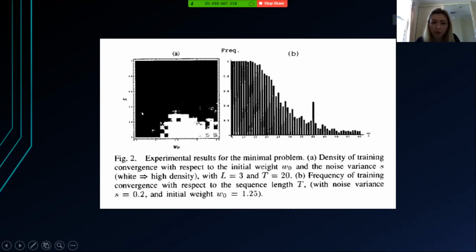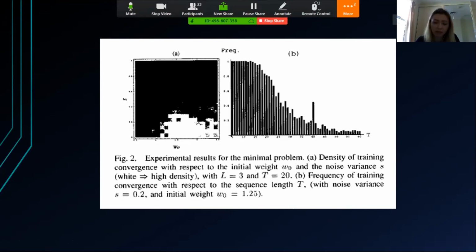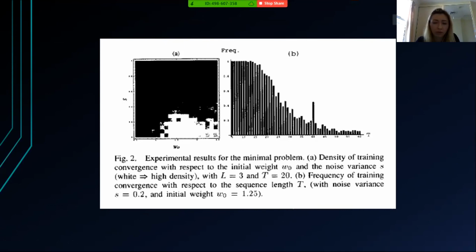If the initial weight is too small, the convergence would be unlikely, but if the values are higher than a certain point, then the convergence is possible. And the same with the noise variance. So training convergence density probably means that in the area where the initial weights were large enough and the noise variance was small enough, the convergence was possible. I hope I answered your question.